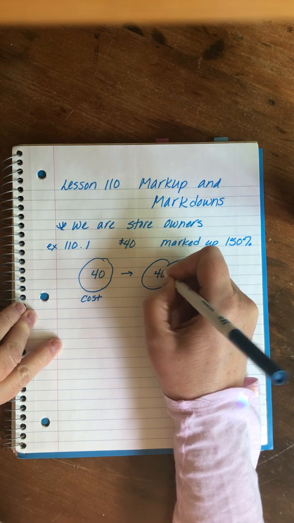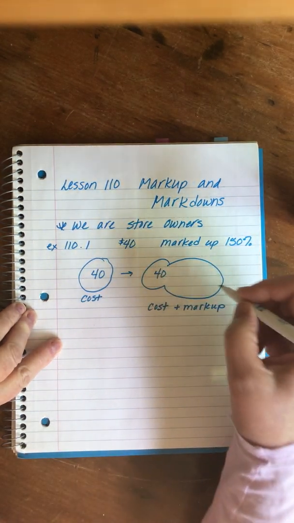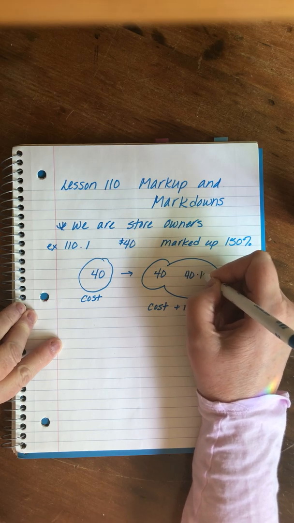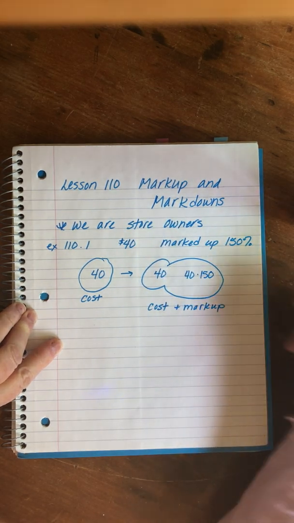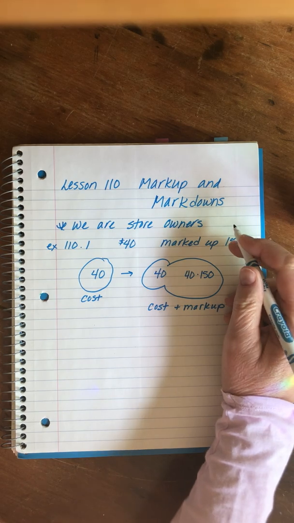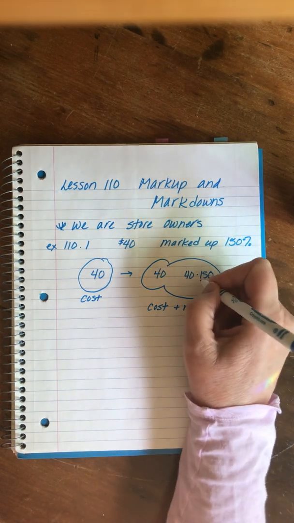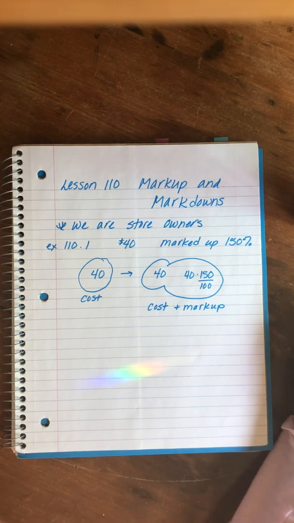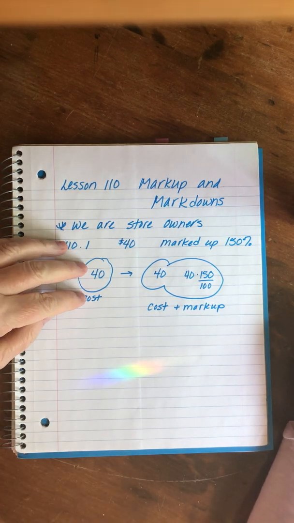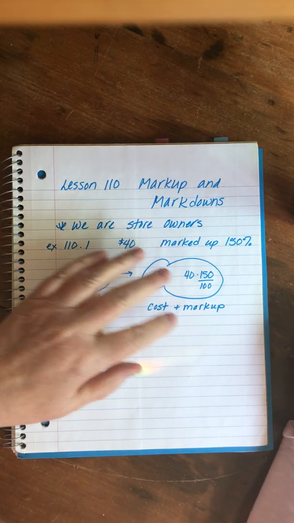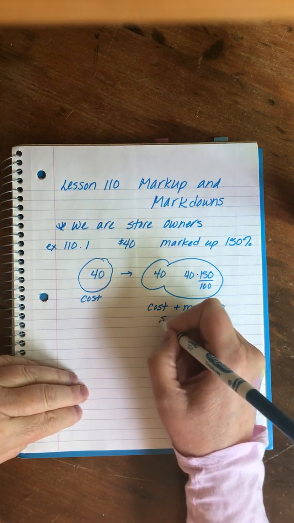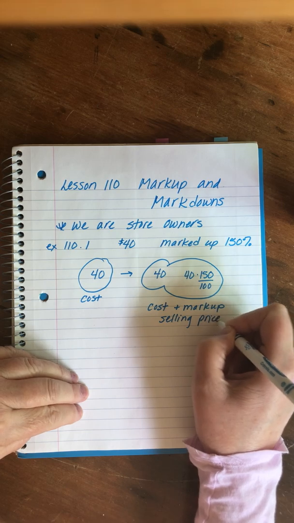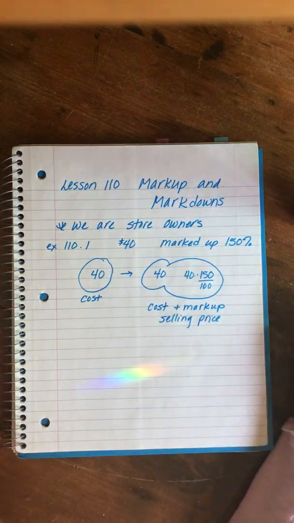The cost is $40, the original $40, and the markup is 40 times 150%, or 1.5, it should be. 150 over 100. That's the way I think of it. Okay, so he bought them for this much, and he's going to sell them for the cost. This is the selling price. It's going to be the cost plus the markup.